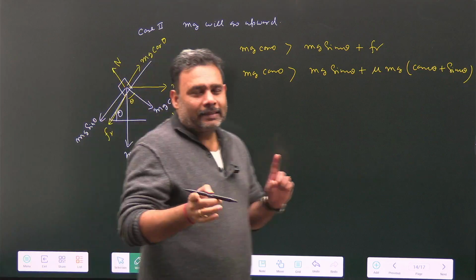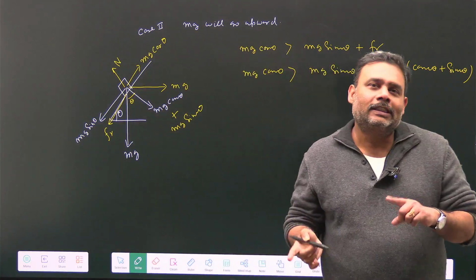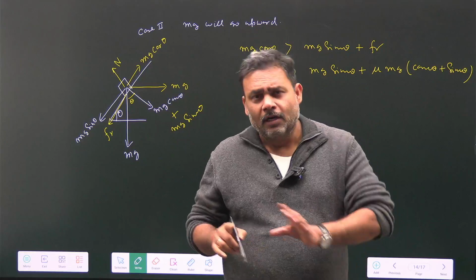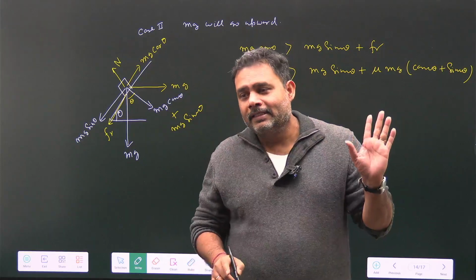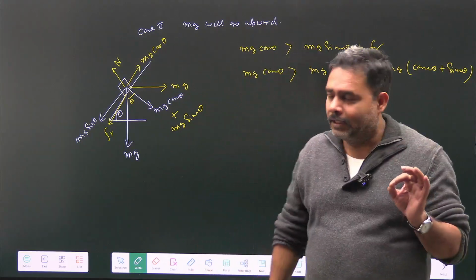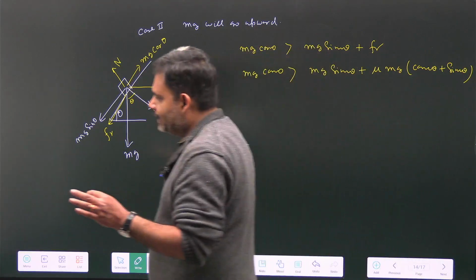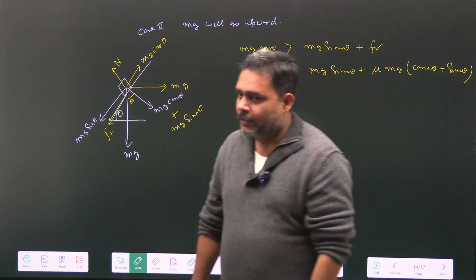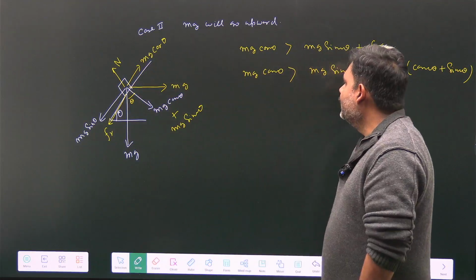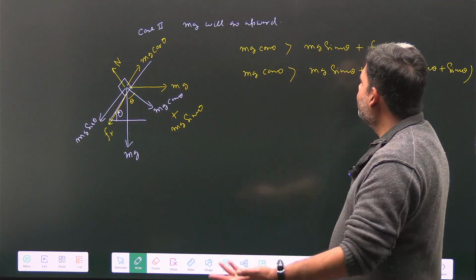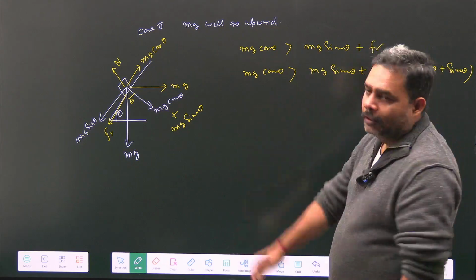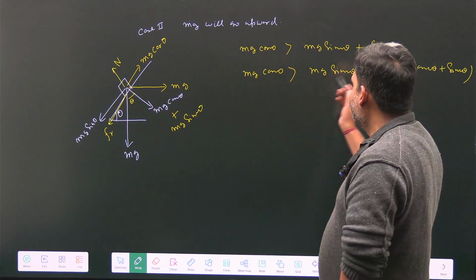So normal force is increased. Again you can see only one force is changing its direction according to its motion, that is frictional force. All other forces will remain the same. So it's a very wonderful thing. Why did we always say that frictional force is self adjusting? Frictional force is self adjusting. So again we have to talk about tan theta. Then what will we do? We will just divide by cos theta on both sides. mg will be cancelled out.